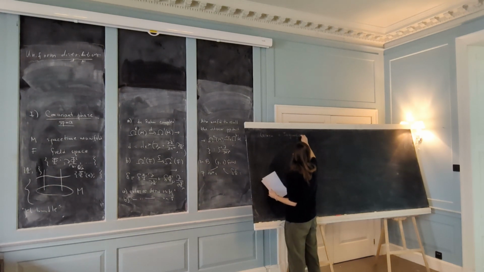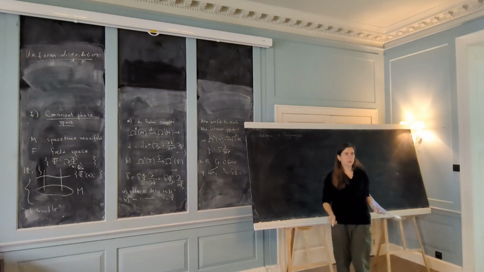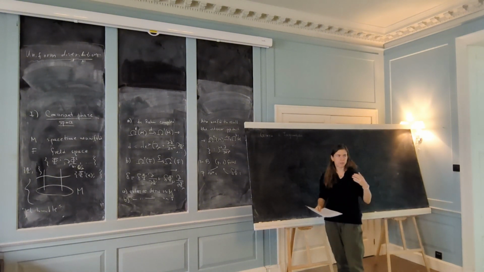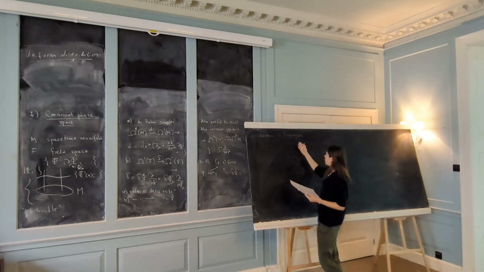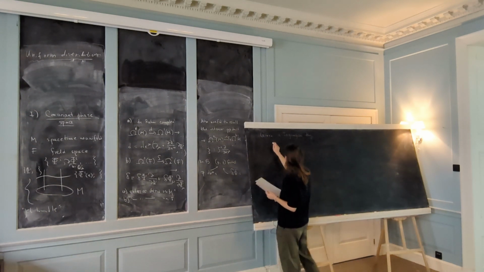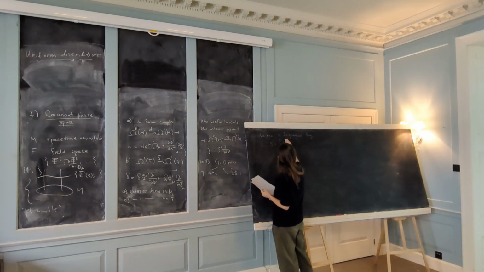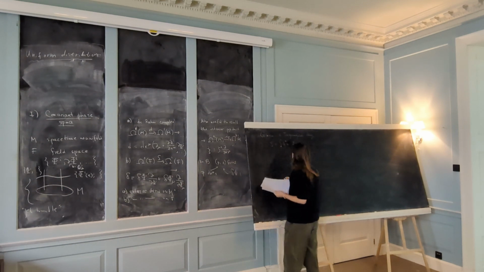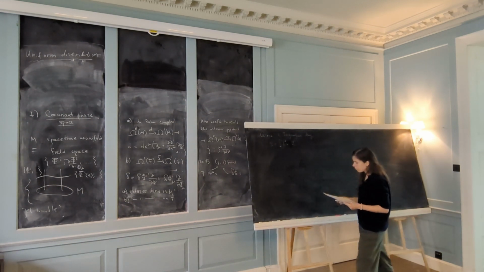Of course, gravity is such an example, and you usually work with the Einstein-Hilbert action, but you can do this procedure for other theories of gravity as well. So given a Lagrangian theory, the action, as you know, is the integral over space-time of the Lagrangian.